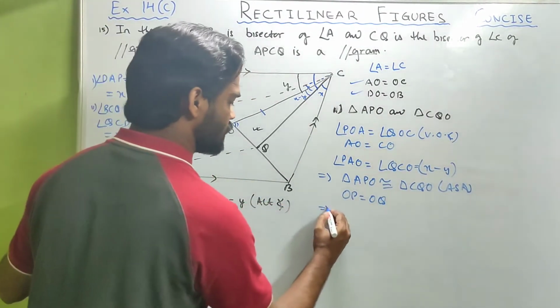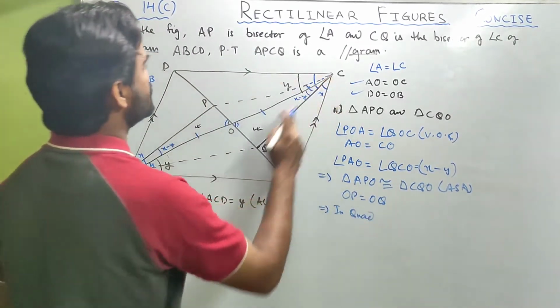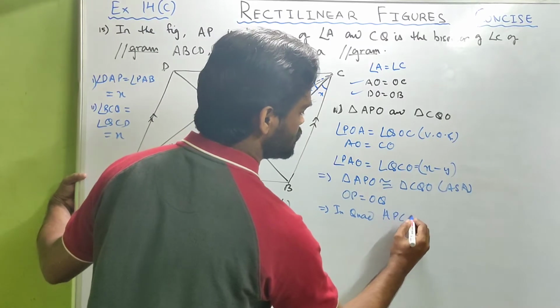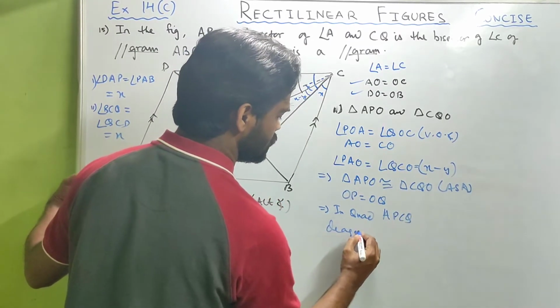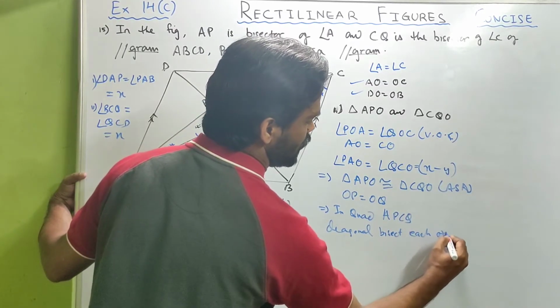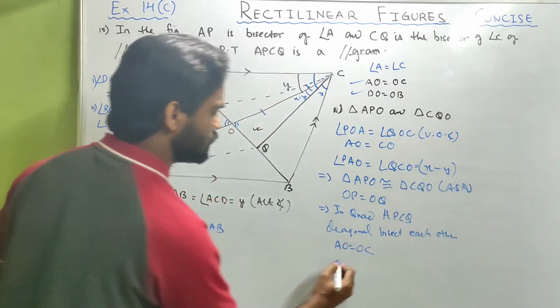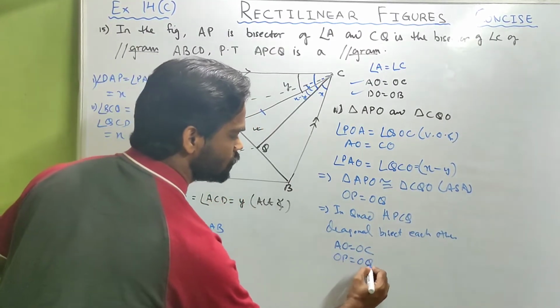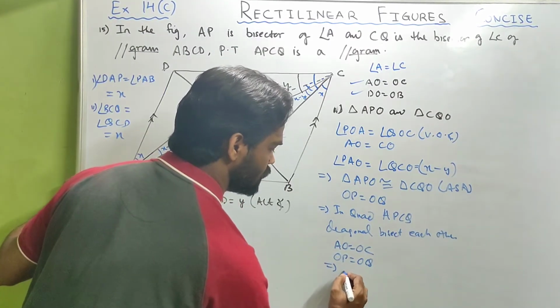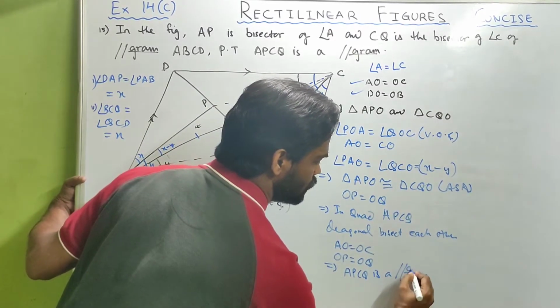Now in quadrilateral APCQ, the diagonals bisect each other. How? Because AO is equal to OC and OP equals OQ, which simply means APCQ is a parallelogram.